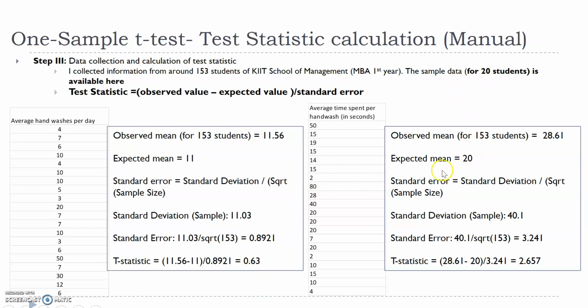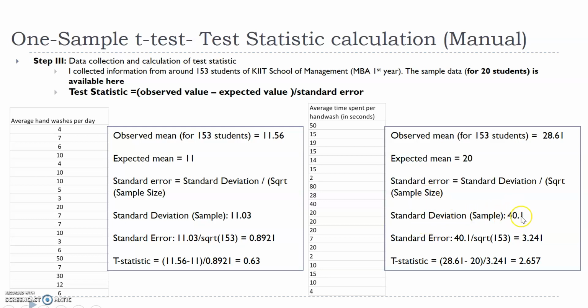Similarly, for the other objective, where I want to understand whether the average time they spend on hand washing is 20 seconds or not, the process is again the same. I found the mean is 28.61, which means on average they spend 28.61 seconds. Expected, I want to test against 20 seconds. Then again I calculated the standard error, which is standard deviation divided by square root of sample size.